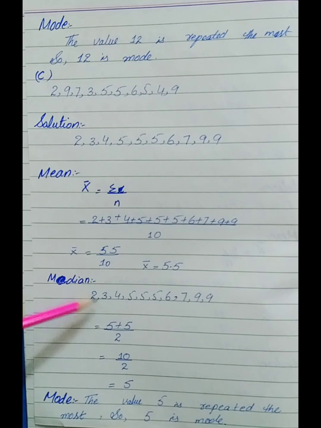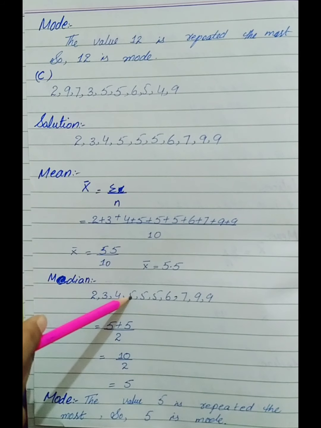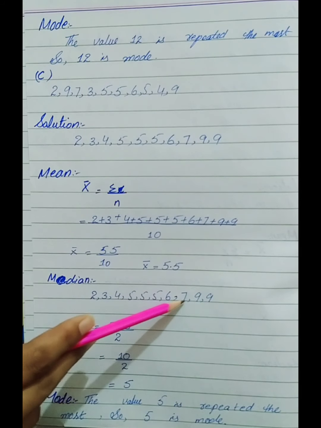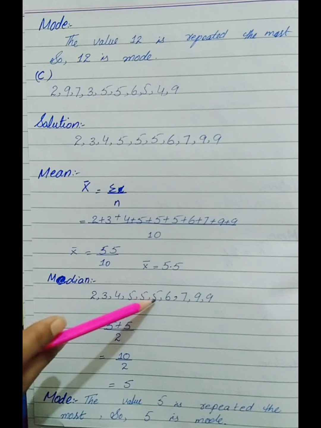Next is median. For median we have 10 values, which is an even number. So we subtract 2 from 10, we get 8. 8 divided by 2 we get 4. So we leave 4 values from the start, 1, 2, 3, 4, and 4 from the last, 1, 2, 3, 4, and we get 5 and 5.